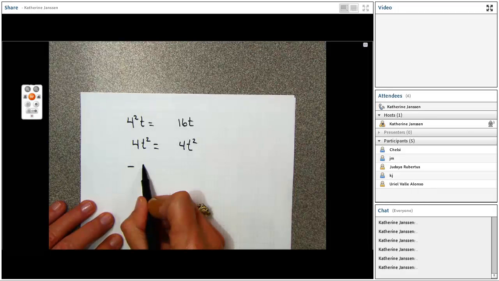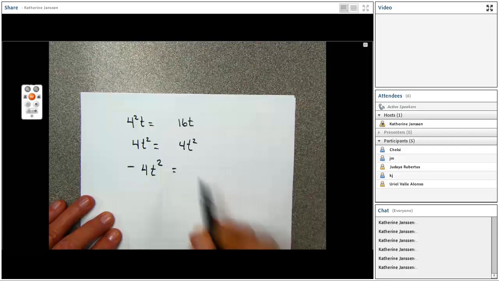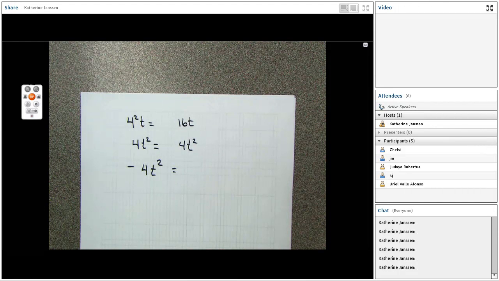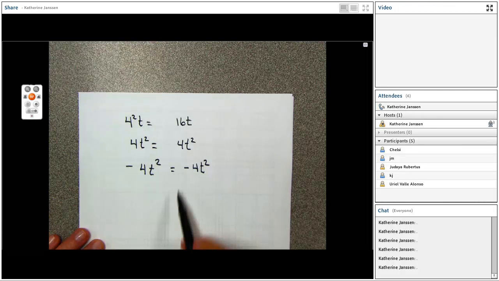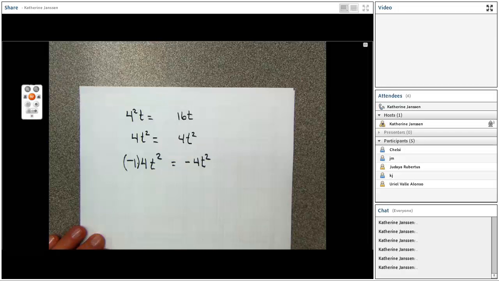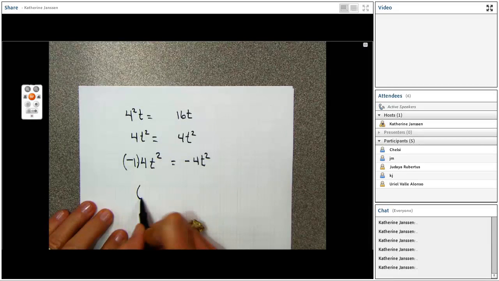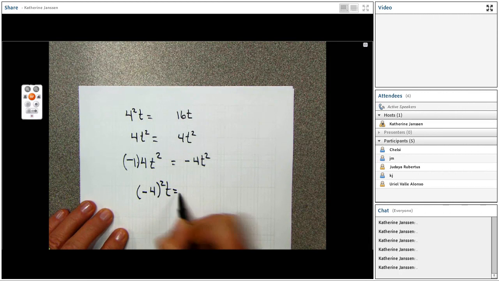The opposite of 4t squared. This is the same as -1 times the quantity 4t squared. A -4, the quantity squared times t.